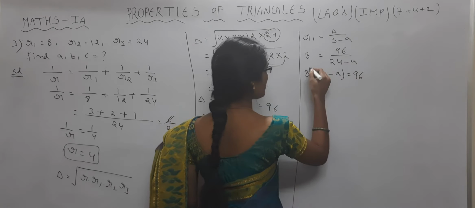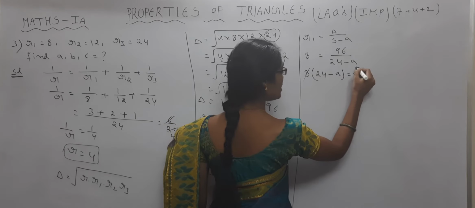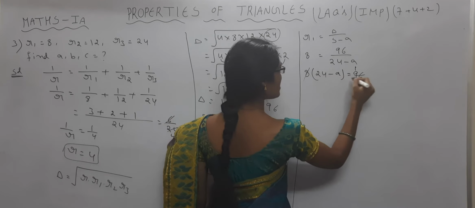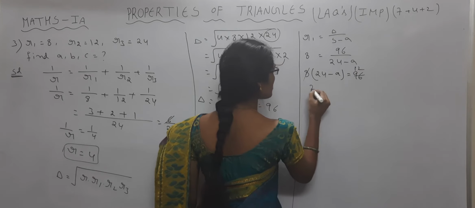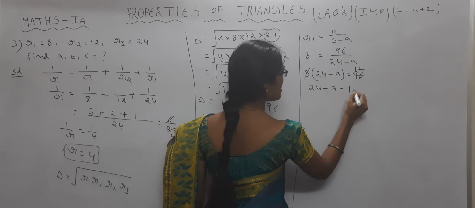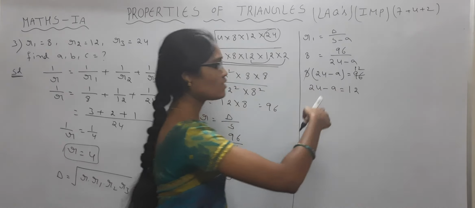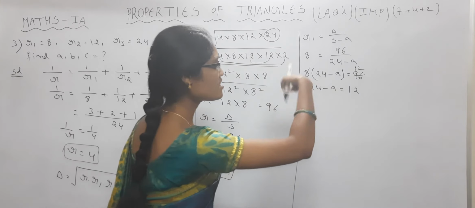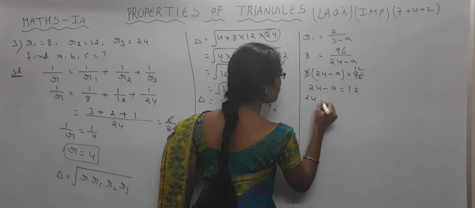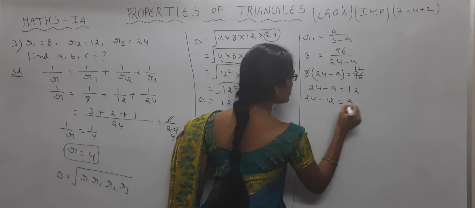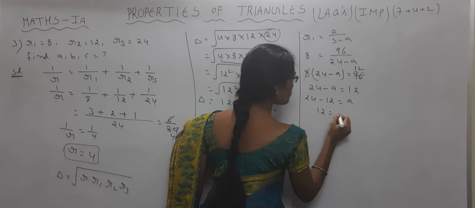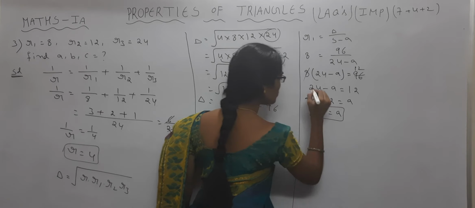Take the cancellation. 8 ones are 8, 8 twelves are 96. So 24 minus A is equal to 12. Send this side, minus A, send that side. 24 minus 12 is equal to A. So 24 minus 12 is 12. So A is equal to 12.